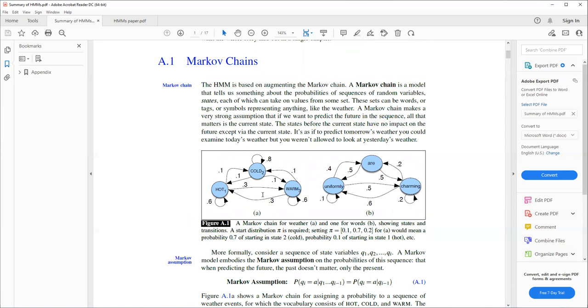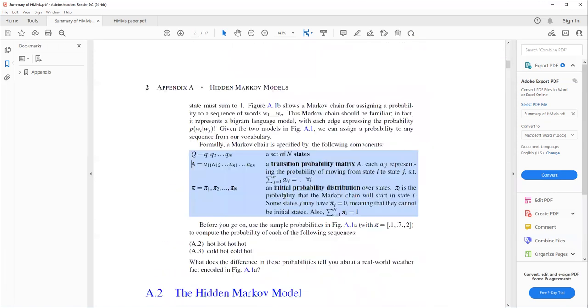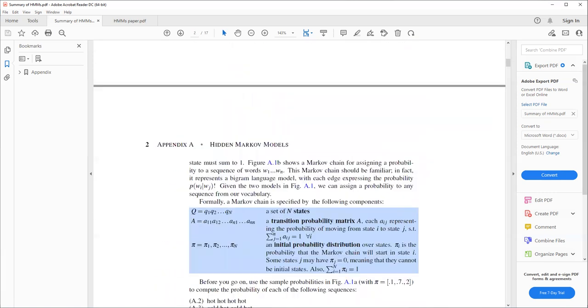So for all the outgoing probabilities, it is always going to be 1. Because from the current state, in the next time frame, whether it's a day or a minute or whatever, you have to observe another state. You have to leave this state, right? And that is what you need to take care about. So that is the second important component of a Markov chain.